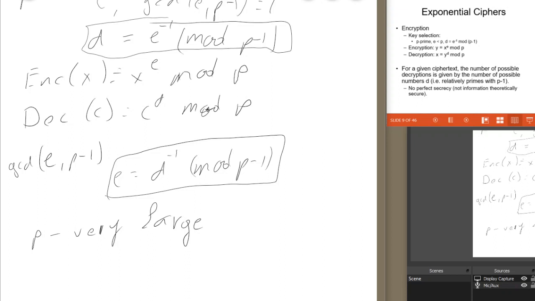And this is a typical case with this family of algorithms, as with the following public key cryptosystems based on this exponential cipher.